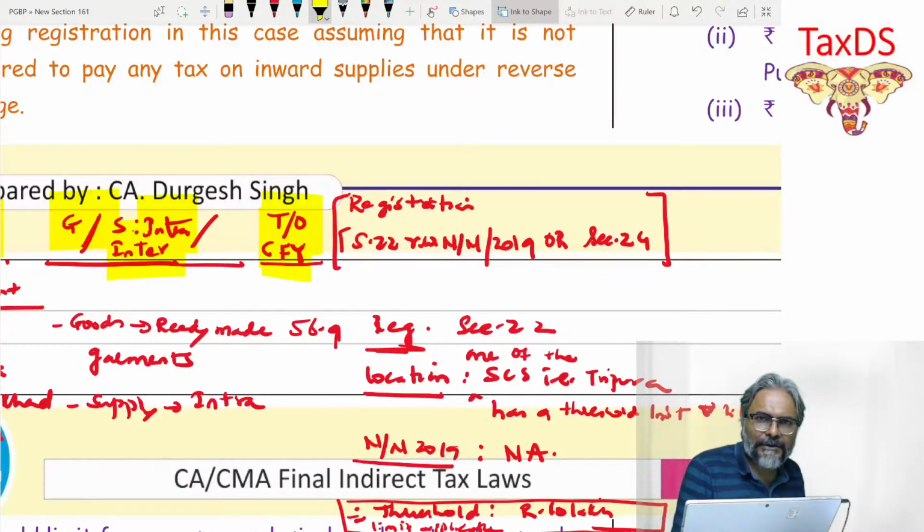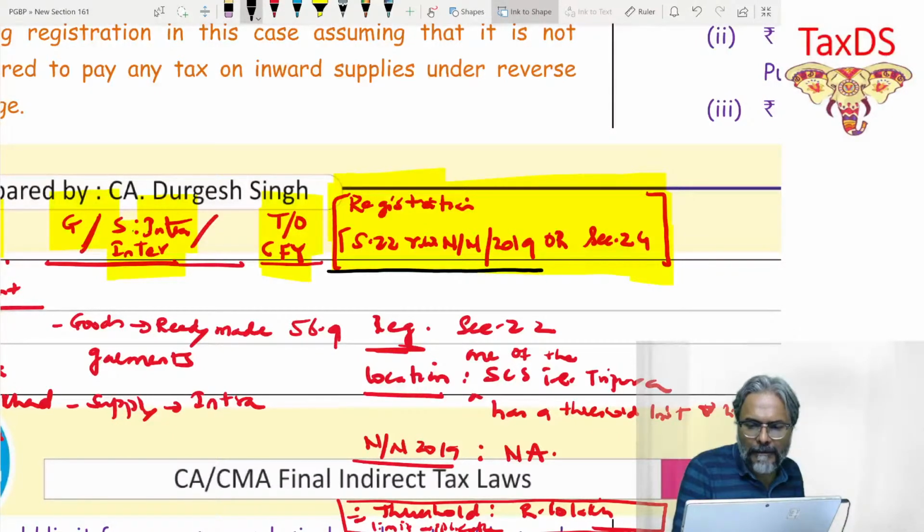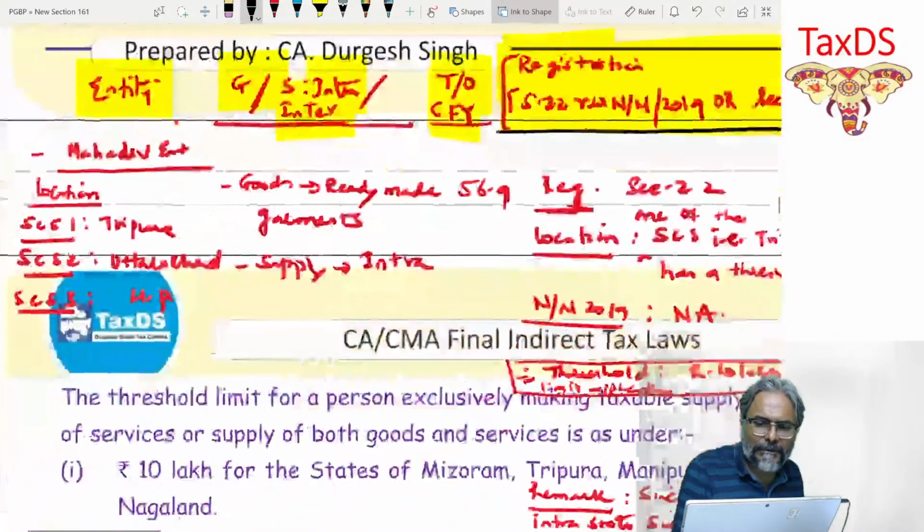So where the registration will take place, students, that is what you need to put across over here in this regard. You will have to put across in this particular way: section 22 read with notification number 20 of 2019, or section 24 as the case may be. Is that point clear to all of you, students?